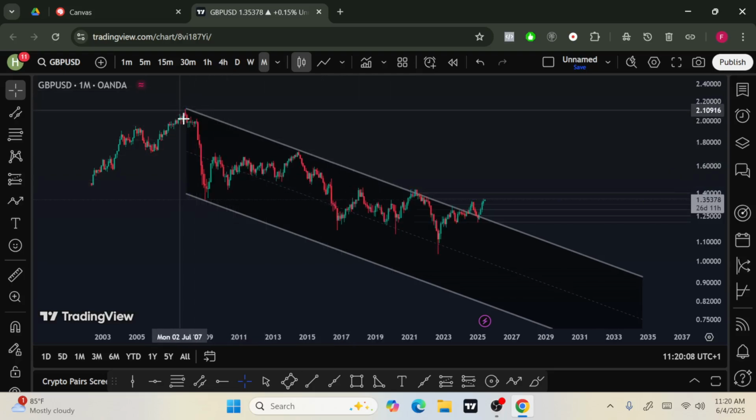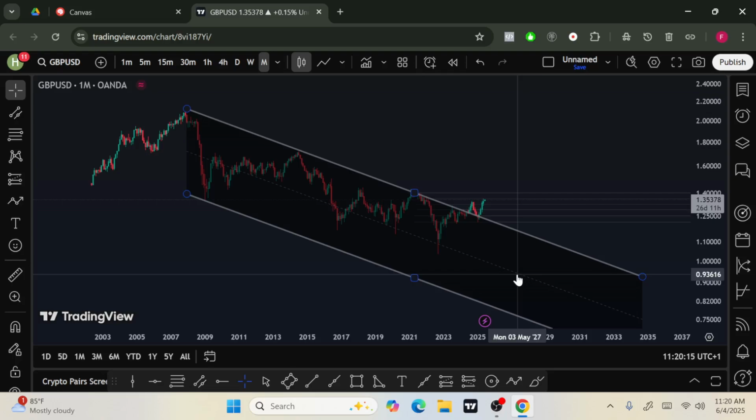Now, the overall sentiment of this market within this trend, within this channel, is a downtrend. Is that not so?